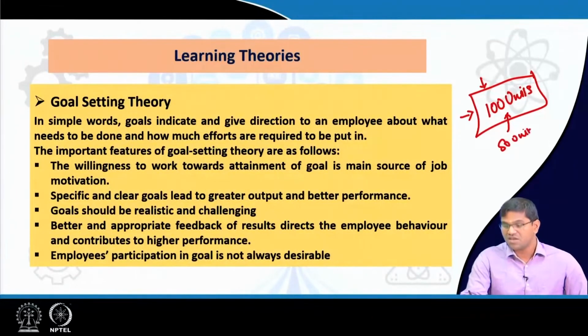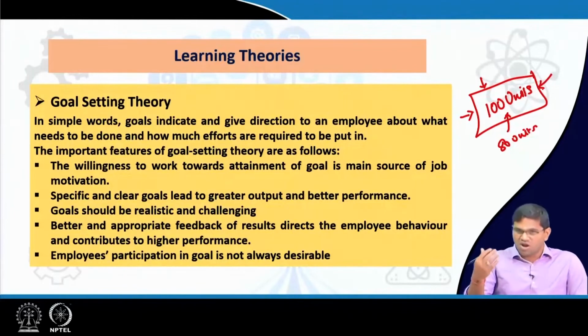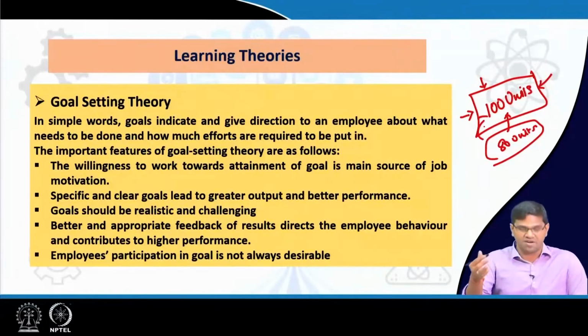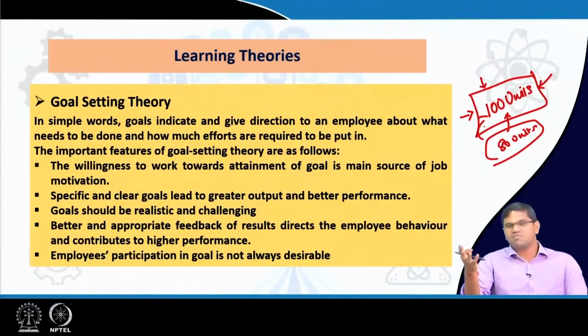Now, if you are asking them to produce 100 units, which is unrealistic, this will demotivate people even more, because they might feel, whatever I do, I cannot reach 100, so how do they expect me to do 100? So it is very important to understand how a goal should be assigned to an individual, because a goal should motivate people and give employees more energy to perform.